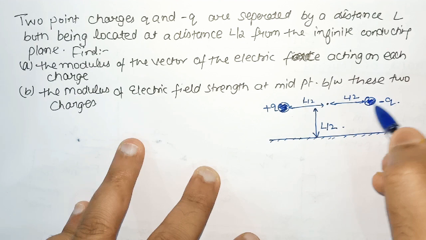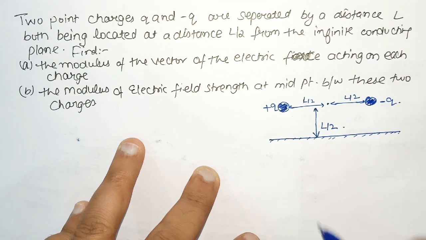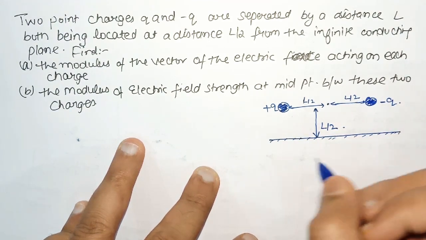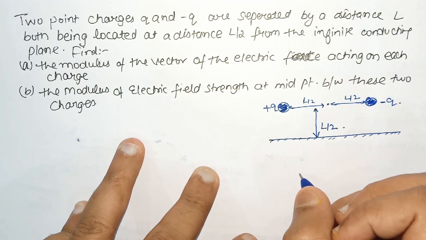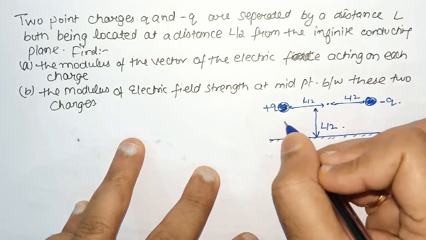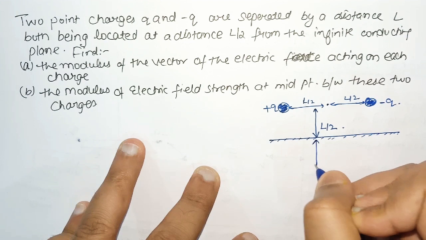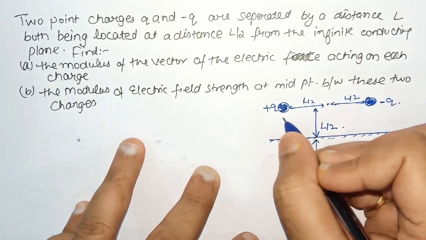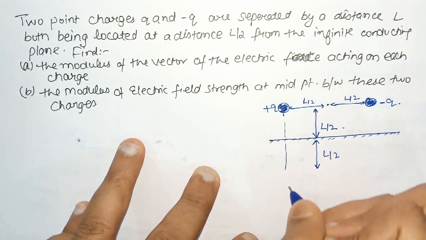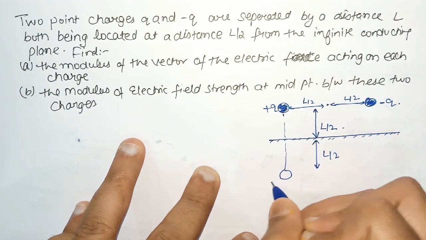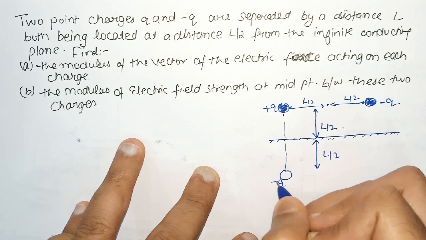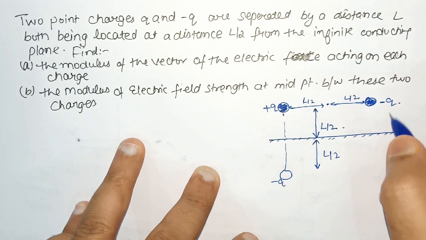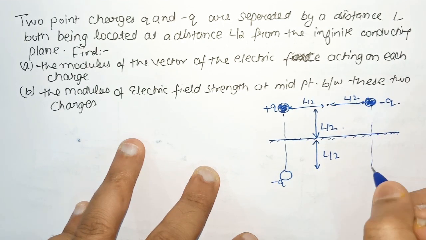Now let us draw an image, that is the method of image. So this is L by 2, and again here is a distance L by 2 and there is a charge located at this point, that is minus Q. For plus Q, we take the opposite charge in the image, and for minus Q, we take the opposite charge in the image.